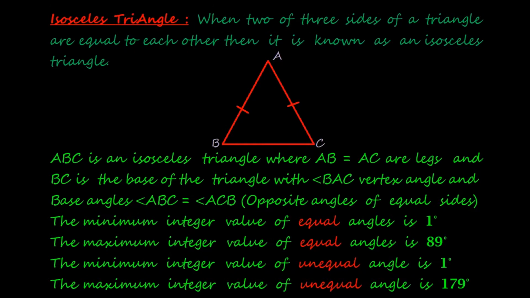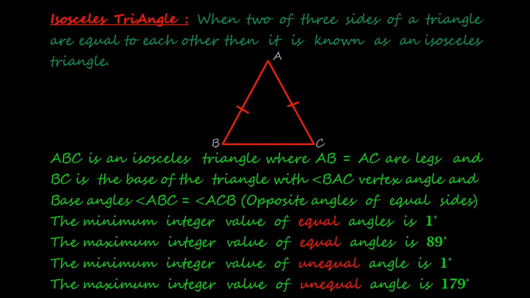It should be mentioned that in an isosceles triangle, the angles opposite to equal sides are equal. That means angle ABC is opposite to AC and angle ACB is opposite to side AB. Therefore, angle ABC is equal to angle ACB.